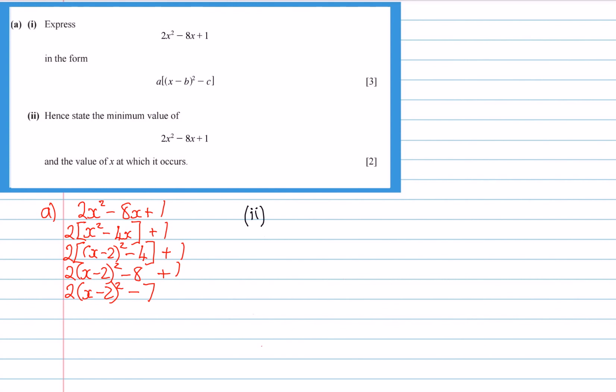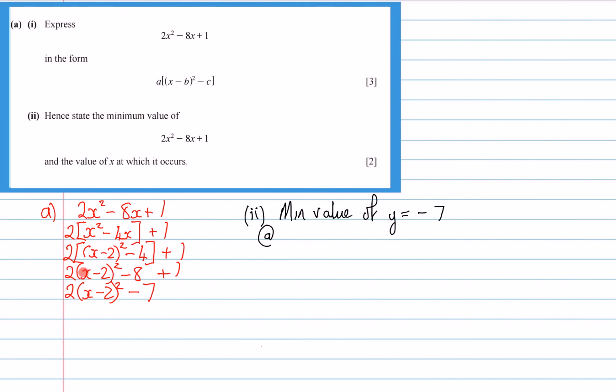Second question, we have to state the minimum value for this quadratic equation and the value of x at which it occurs. So remember that the minimum value is basically our number here. So the minimum value of y is going to be equal to minus 7, and that is when this is going to be equal to 0.